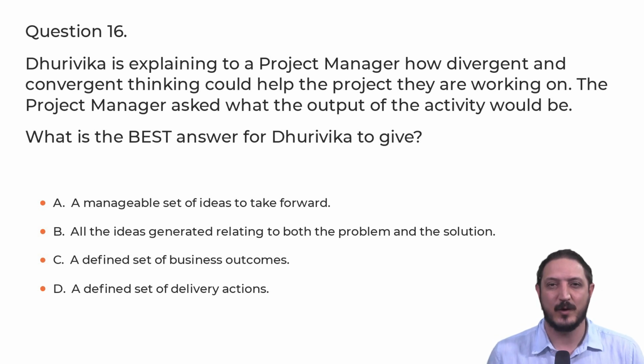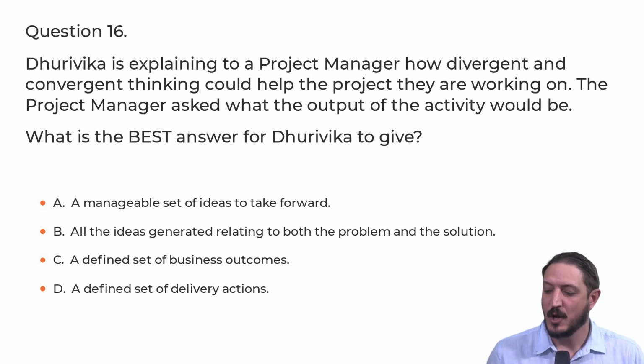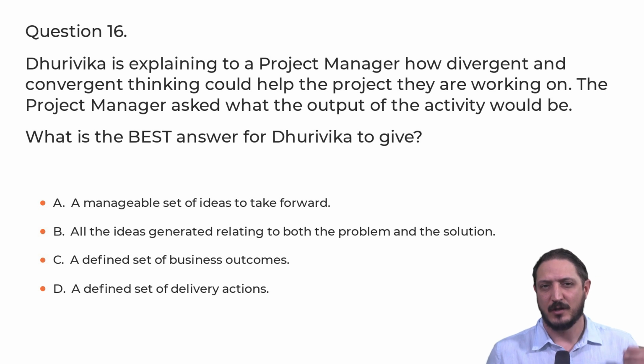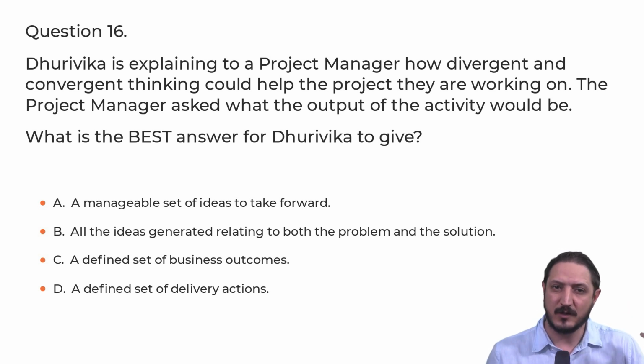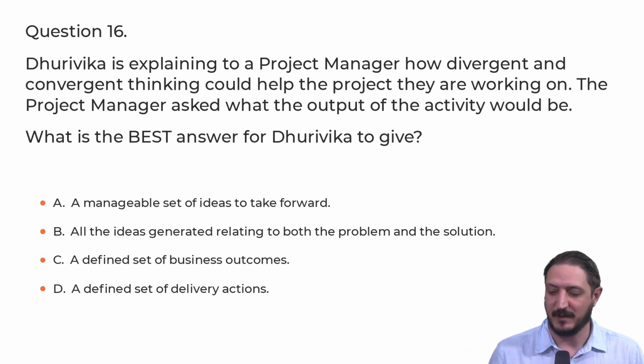And we'll ask different questions in these two approaches. So we may be asking, what can we do to solve this in the divergent thinking approach? And in the convergent thinking approach, we may be asking questions like, will this work and how will it work? So the divergent is more about what can be done, and the convergent thinking is about how can it be done.